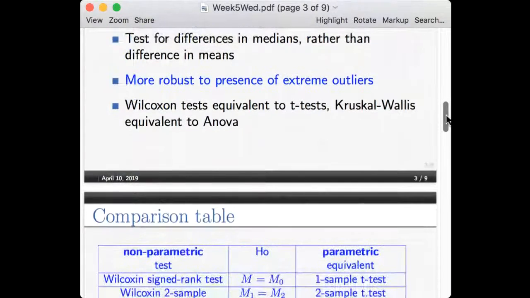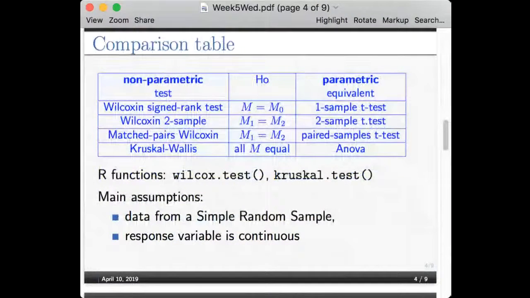Okay, this is just a quick comparison table. There's something called the Wilcoxon signed rank test. That tests whether the median is some known median, and that's basically equivalent to a one sample t-test. The Wilcoxon two sample, that's basically the two sample t-test.